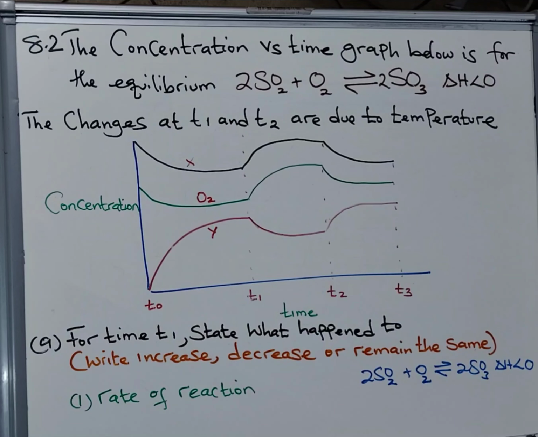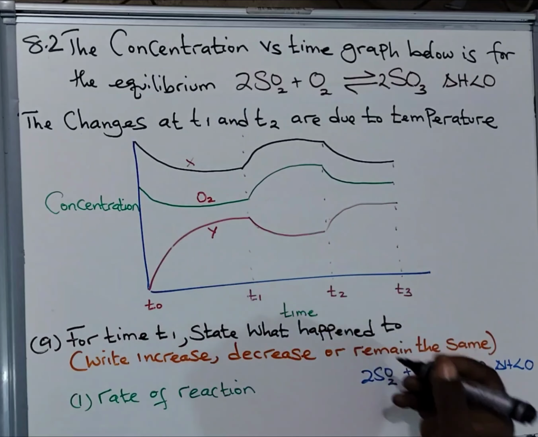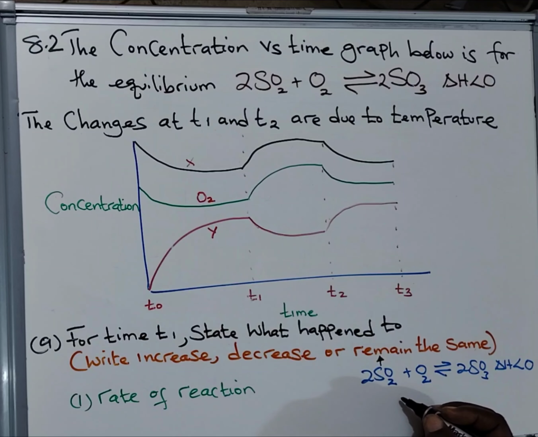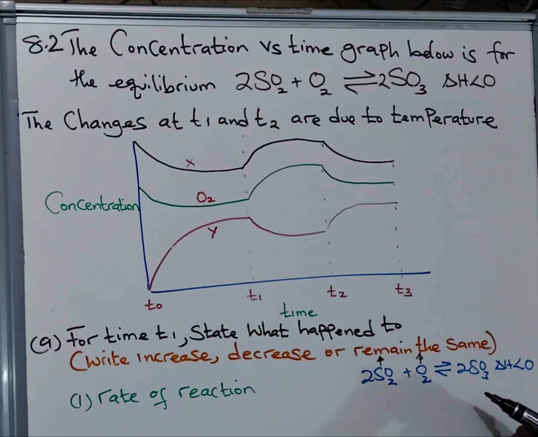What do you do? You represent what happens here. X is sulfur dioxide, and it increased. And O, oxygen, also increased. We are seeing it here. Meanwhile, Y is sulfur trioxide, it decreased.